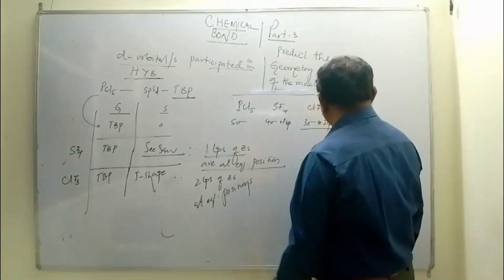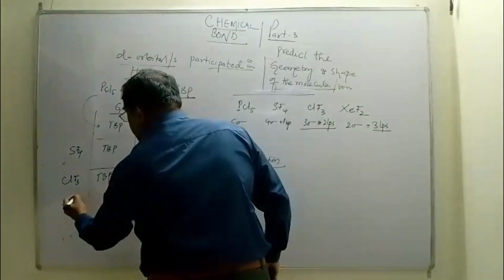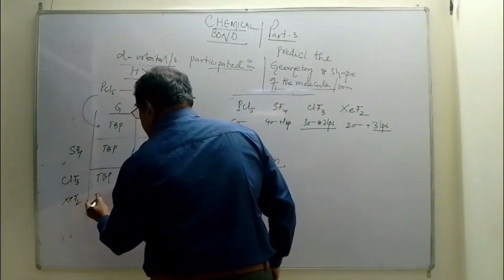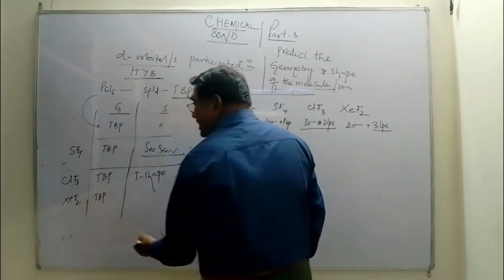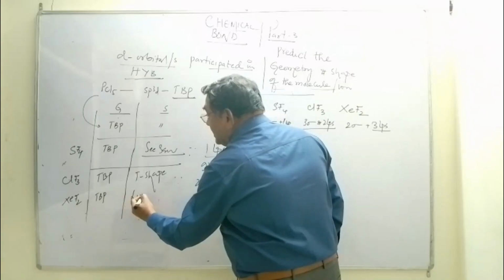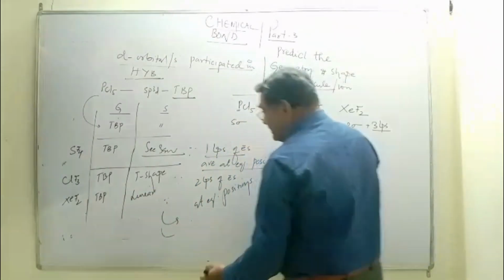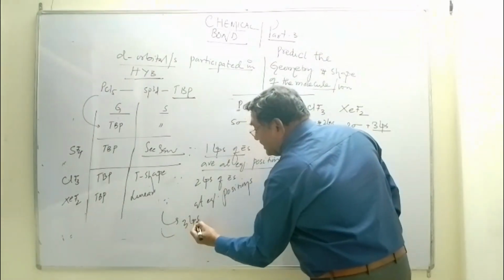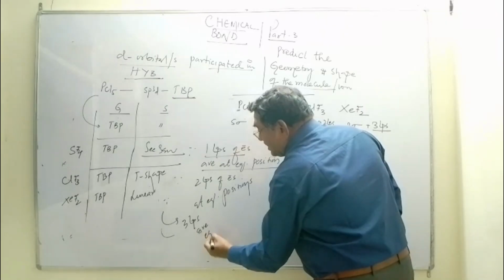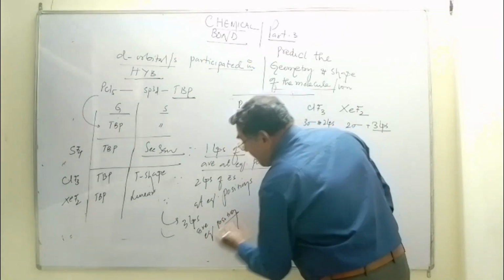Last, we will find out XeF2, a beautiful example. Of course, you have all learned this, but the clarity will help to solve the questions as early as possible. It's going to be linear in shape because 3 LPs are at equatorial positions.